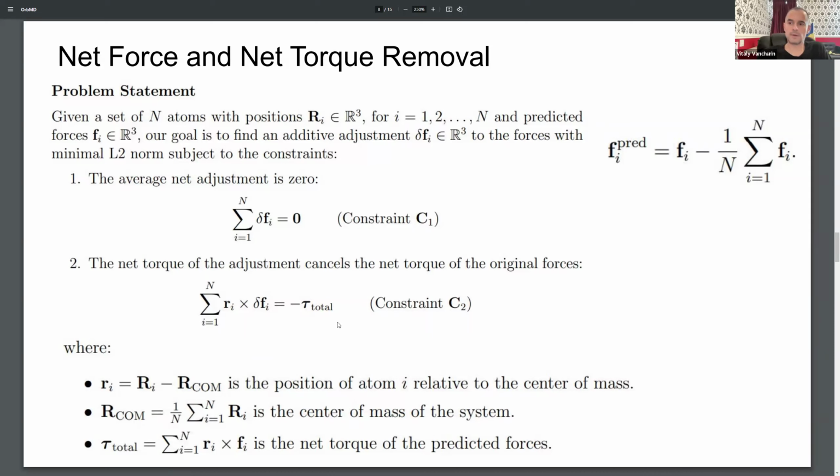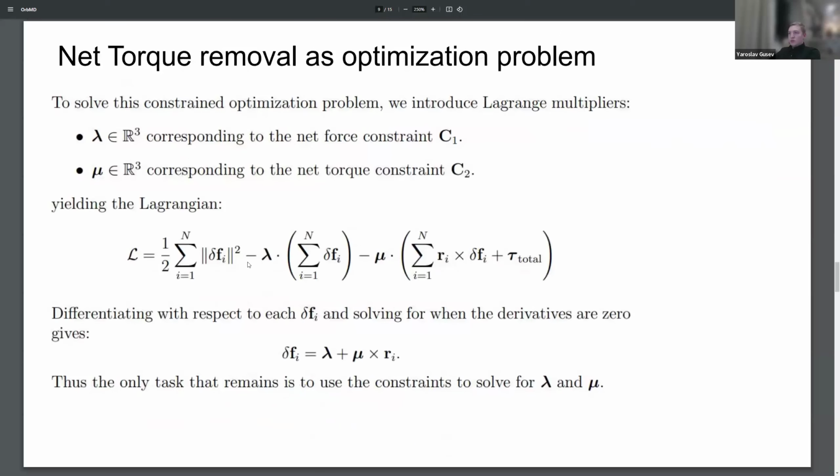All right. Okay. So here are some details of how they come to those things. They also want to perform some perturbation of the predicted forces by some delta F. They want it also to have zero net, zero average value. This is the first constraint. Then they want the torque to cancel, so that the torque of this addition should be the negative torque of the original forces, and they come to an optimization problem with those two constraints.